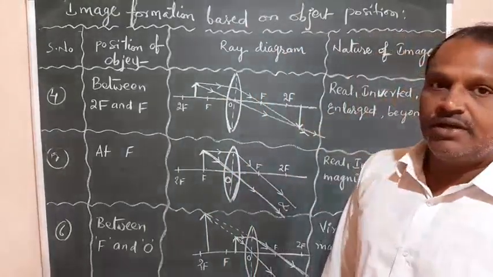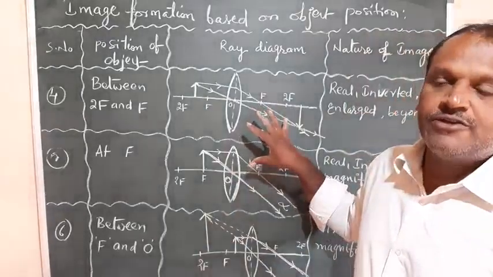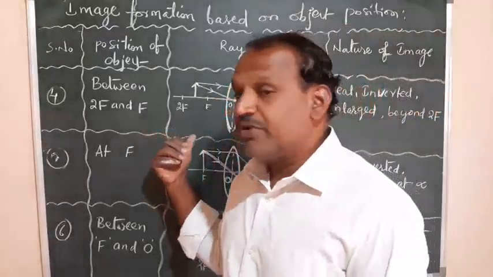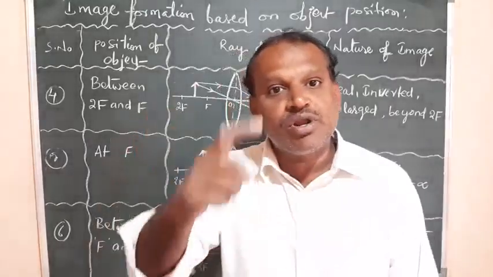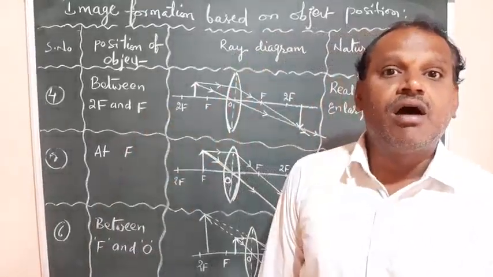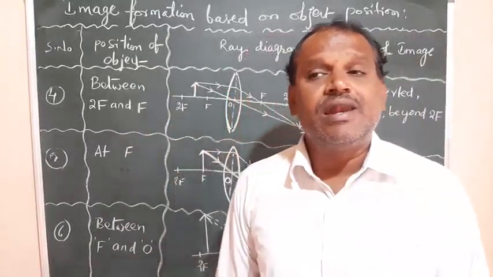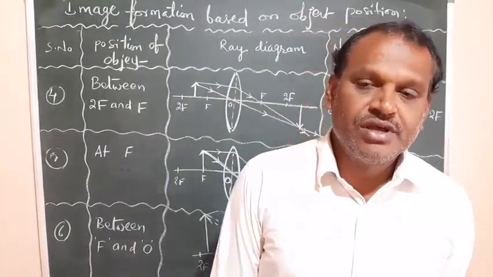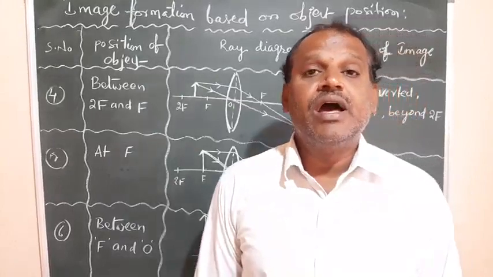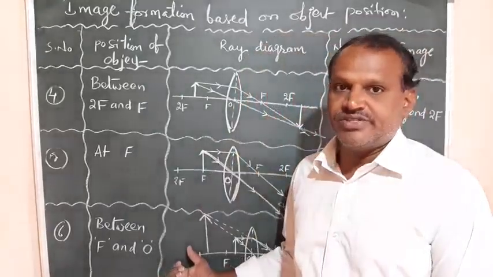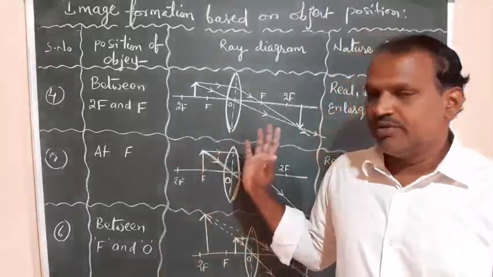Because real images are obtained with the convex lens, we prefer to use convex lenses more in the application part, in all optical instruments majorly. The majority of applications of lenses are convex lenses because they provide real images, except in one condition, the 6th one, isn't it? So that is what you can observe.